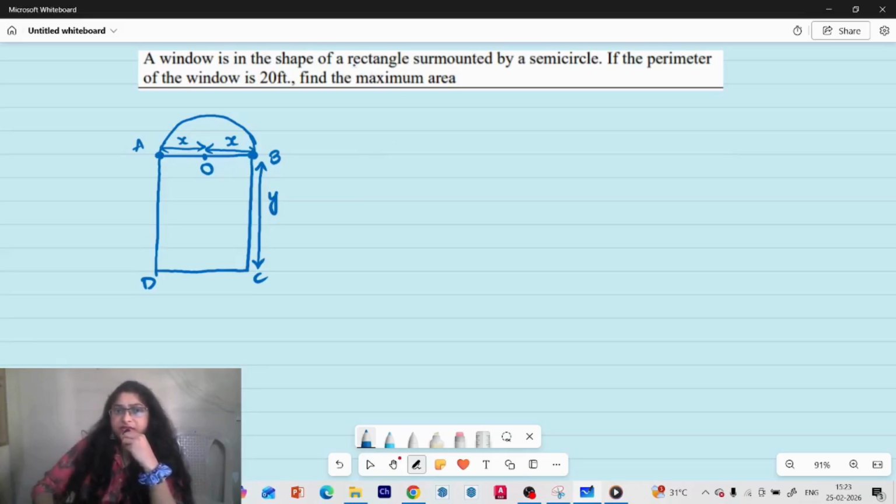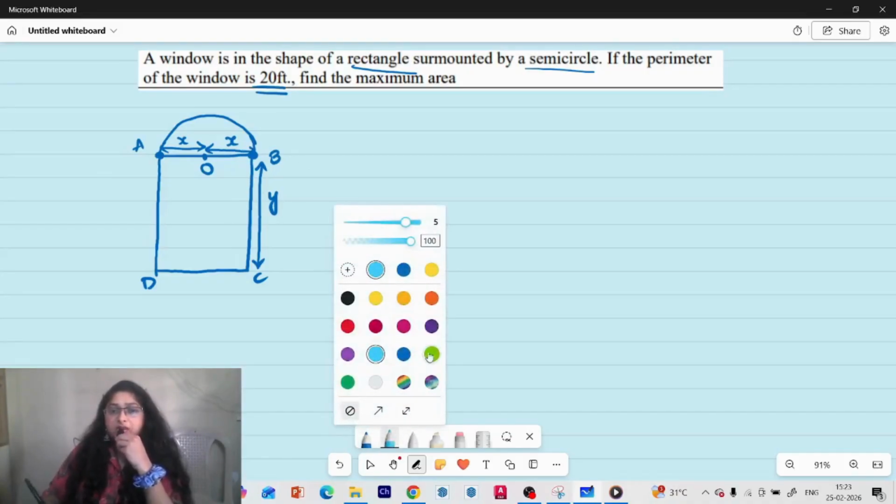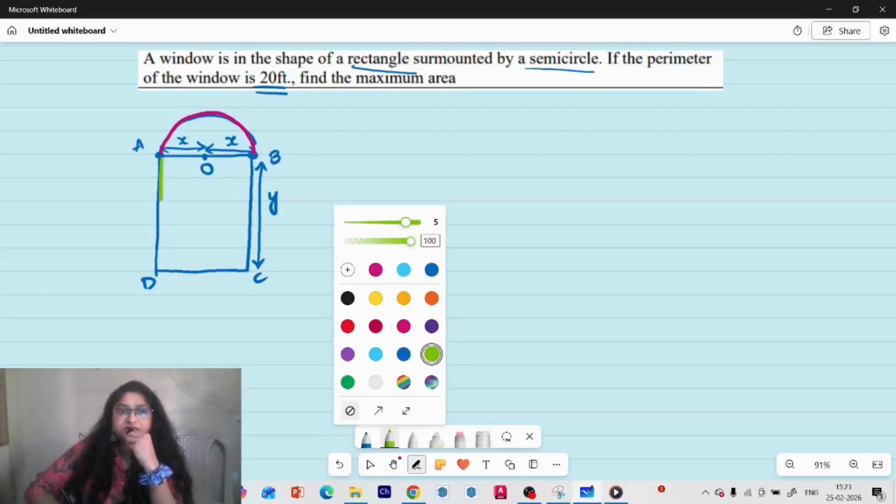So since the first step is completed, it's a rectangle surmounted by a semicircle. The perimeter of this window is 20 feet, and so what do you do for perimeter? For perimeter you have to add up all the sides, that is the sum of the sides basically. So we have to add up the circumference of the semicircle plus these three sides. We don't have the AB line segment in between.